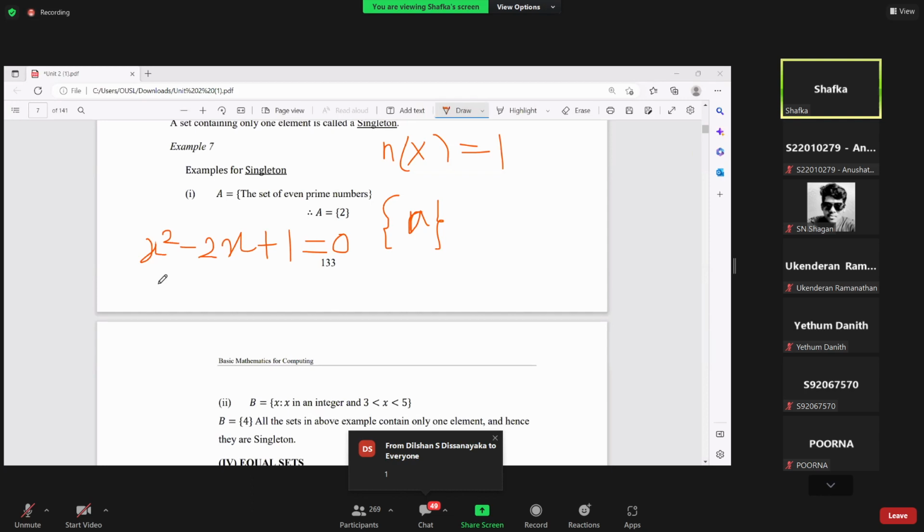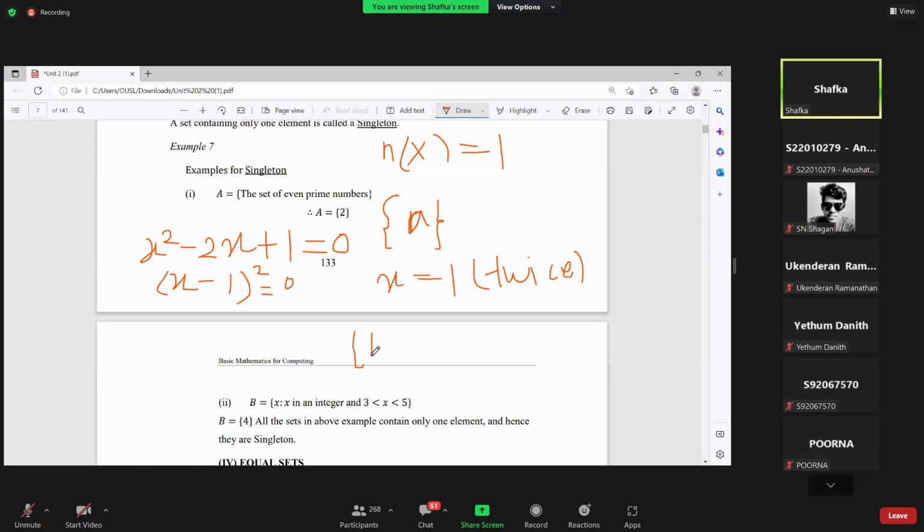What is the factorization of this? (x minus 1) whole squared is equal to 0. Therefore, we have x equals 1 twice. The same solution we get twice. But when you consider the set, it contains only 1. So this is a singleton set.